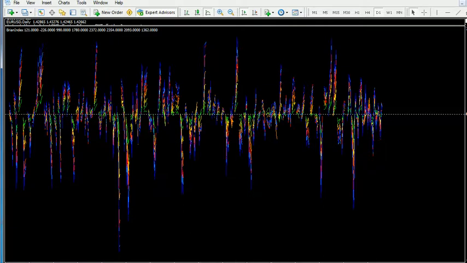So if we went to, say, June, and we looked up here, you could see in June in 2010, the major 8 were basically up in the high, and in July they went down, etc., August through September.